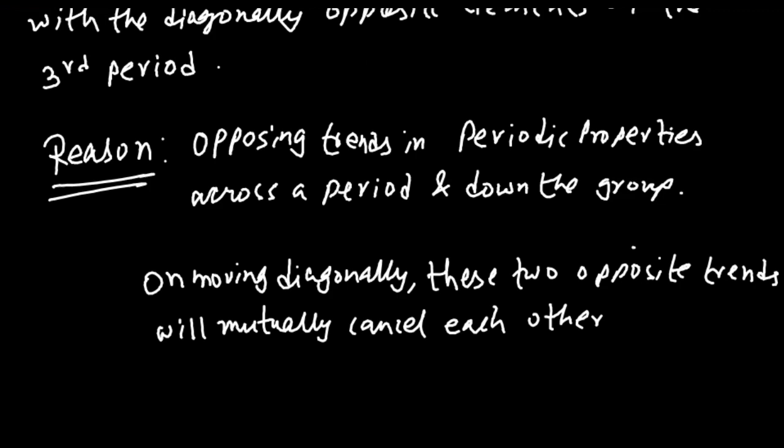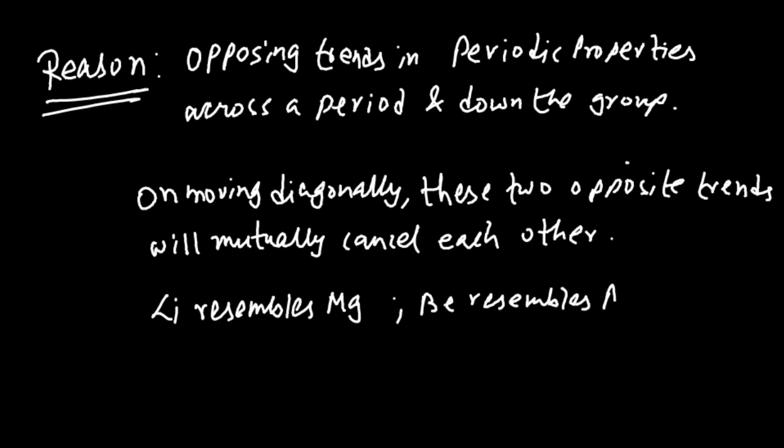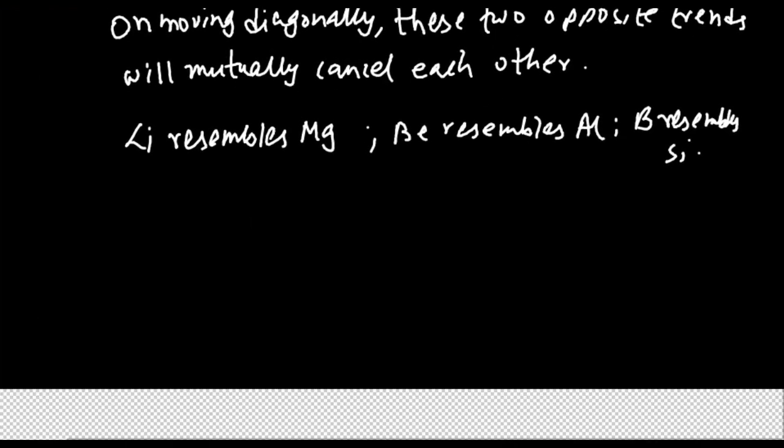That is why the elements of period 2 and 3 show similar chemical properties, and they are diagonally placed. That is why lithium resembles magnesium, beryllium resembles aluminium, and boron resembles silicon. I'm just showing you the diagonally related elements.